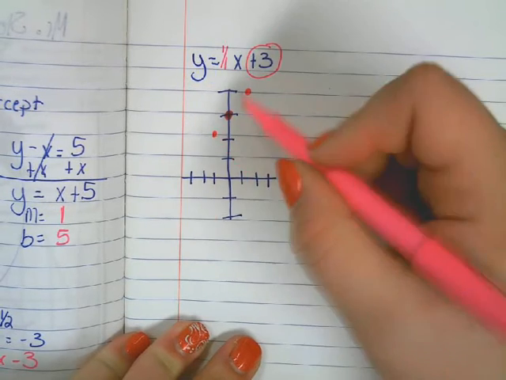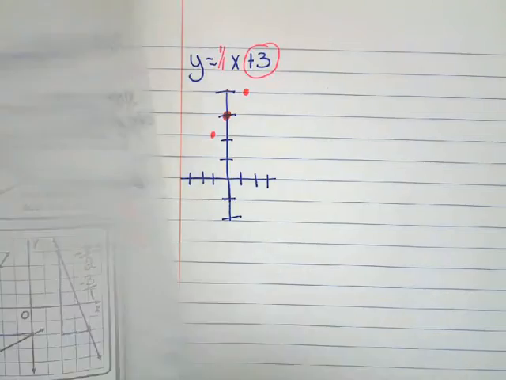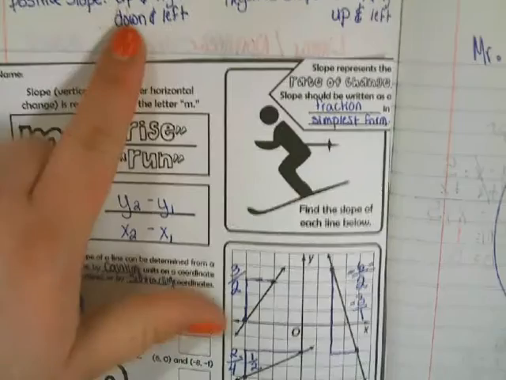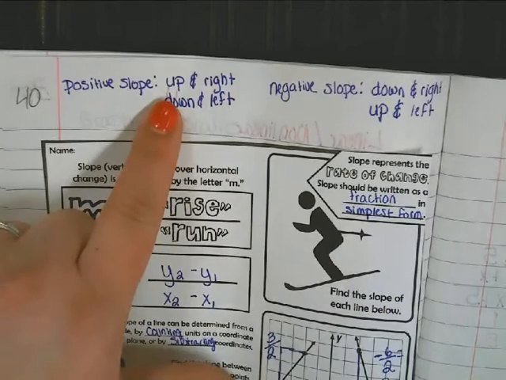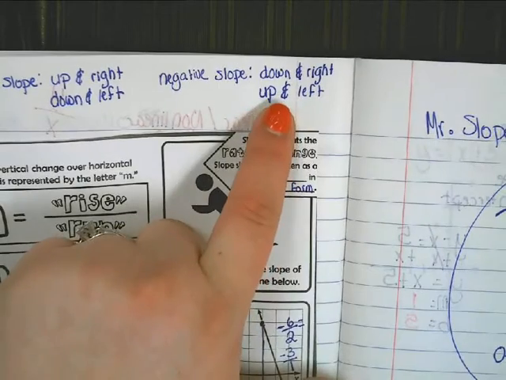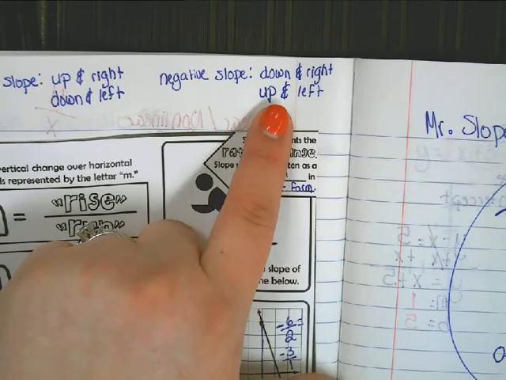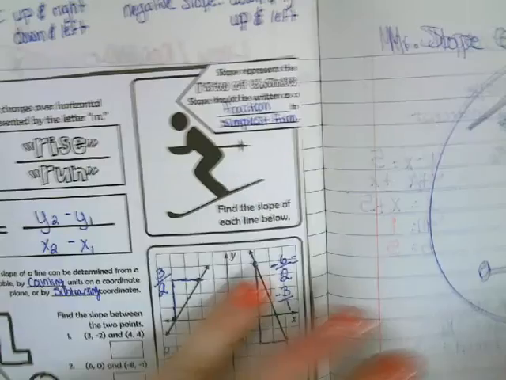If it's a negative slope, we can go down and right or up and left. We added that into our slope notes last week. Okay? So we could keep continuing this for our slope and keep going because all of those are going to be on that line.